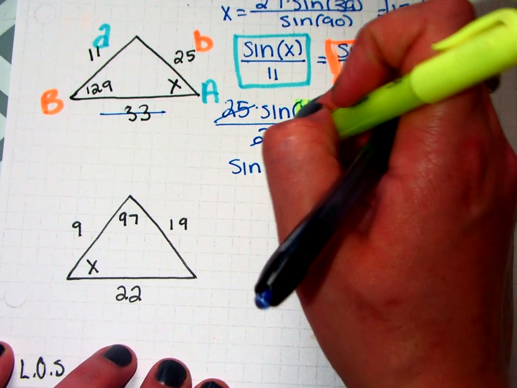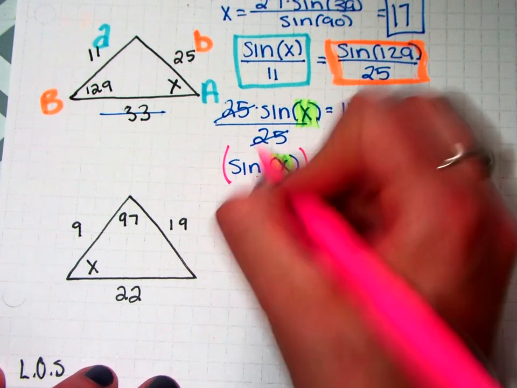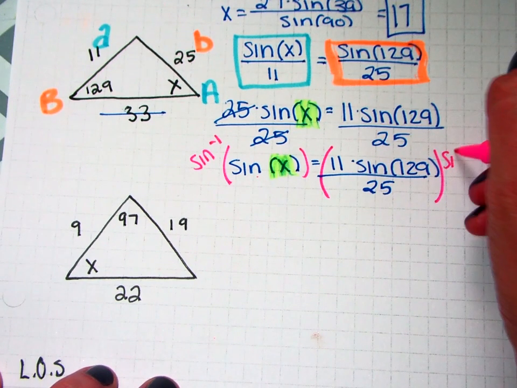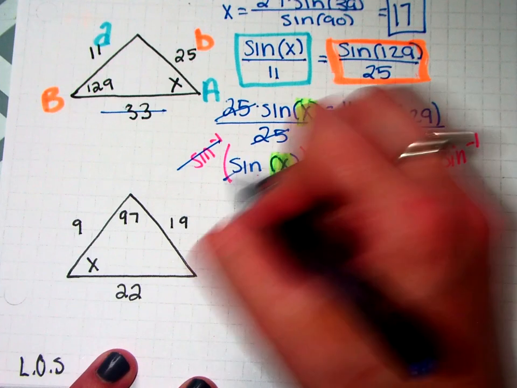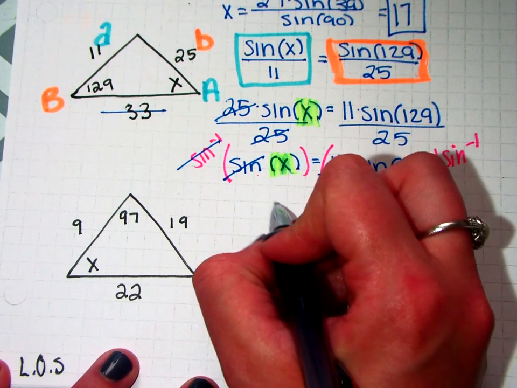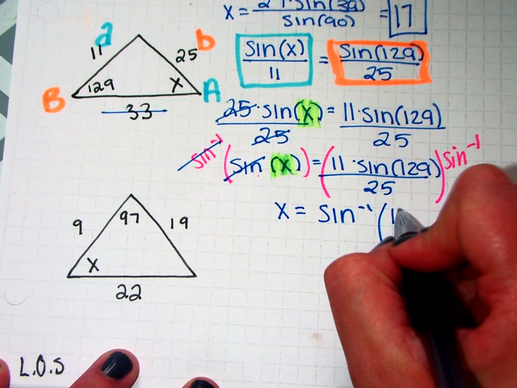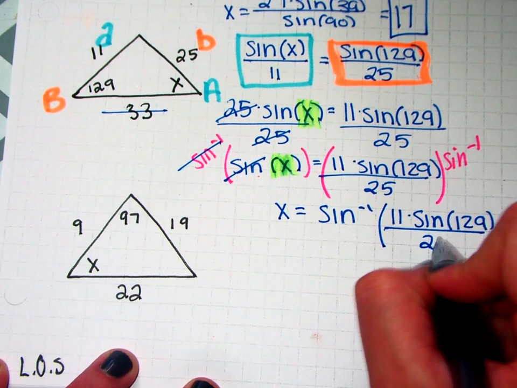Again, my variable is still the angle, so in order to solve this problem, I need to use the inverse trig functions. Remember, we talked about those in our last video when we practiced solving for an angle. This is sine, so I'm going to multiply both sides by sine to the negative 1. What that ends up doing is canceling our trig functions, leaving us with X equals sine to the negative 1 of 11 times sine of 129 all over 25.